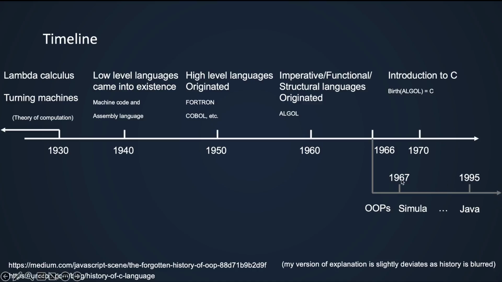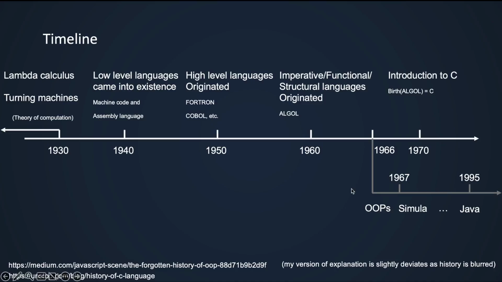A year later, he came up with the software called Simula. And over a period of time, the OOPS concepts emerged and were incorporated into Java, C++, and so on. So this is how the OOPS concepts emerged over a period of time.